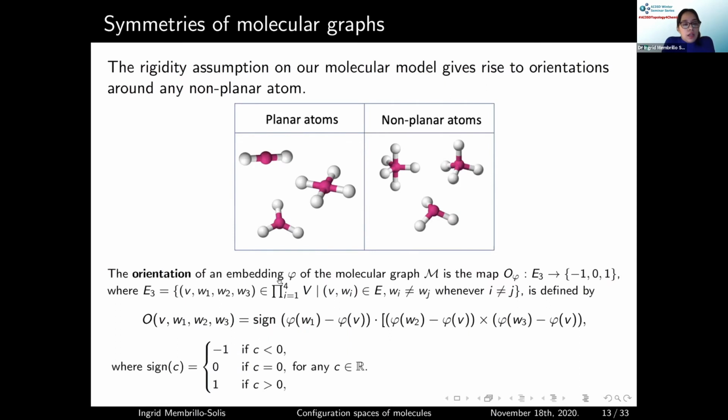Okay, so the orientation of an embedding is given by this definition. It's a map from the triples of vertices which are adjacent. For instance, I can take here a triple of vertices.